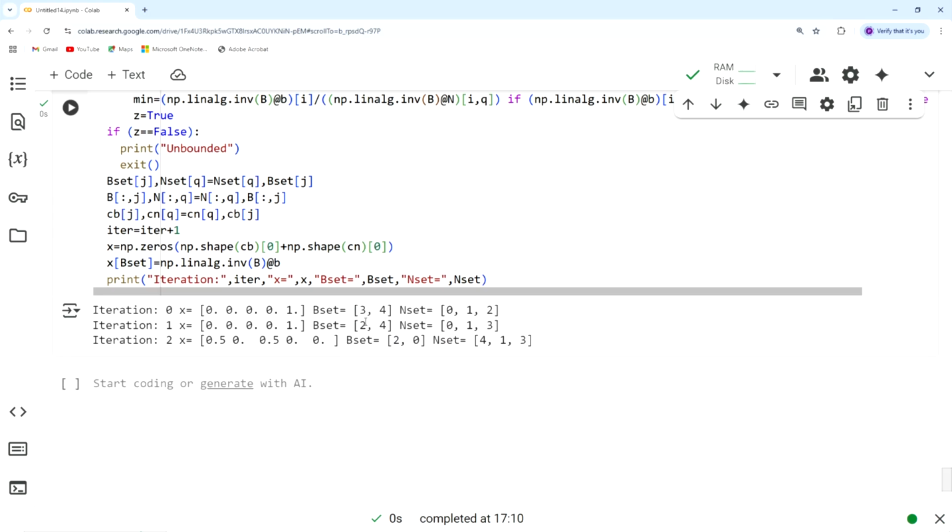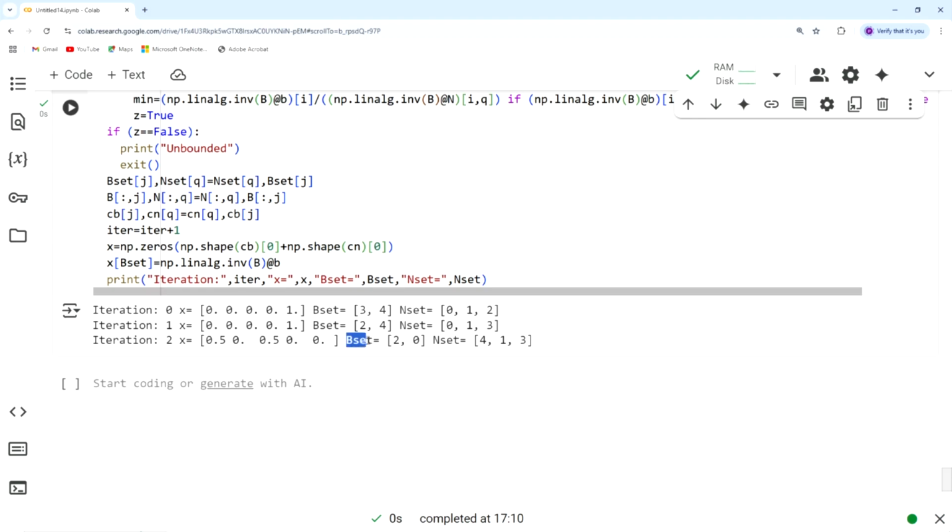and even when we worked out by hand, you saw that 3 was replaced by 2, right, and 3 went here. So, you can see that B set is 2 comma 4 and N set is 0 1 3, but even there the corner point did not change, that is again 0 comma 0, but in the next cycle 4 was thrown out of B set and 0 was taken in.